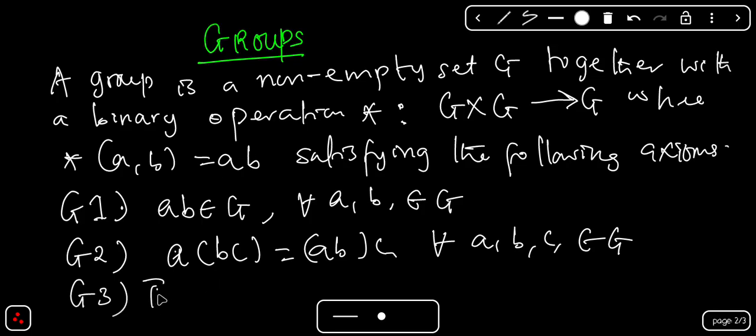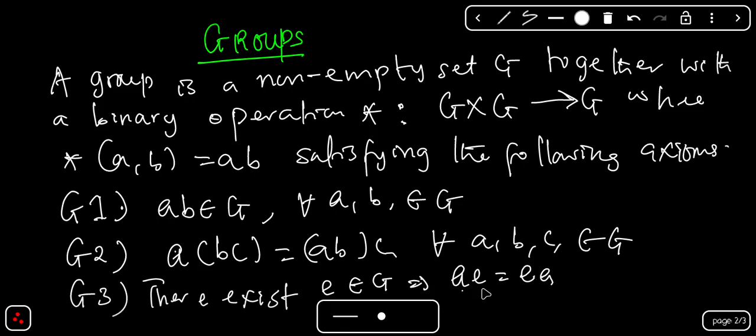That is, there exists E in G such that A multiplied by E gives us EA, which is equal to A, for all A in G.